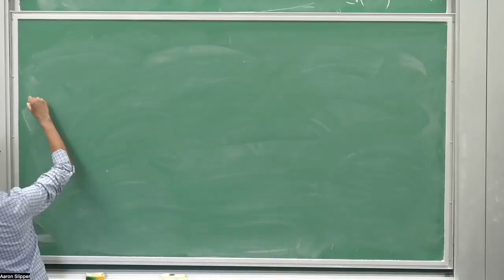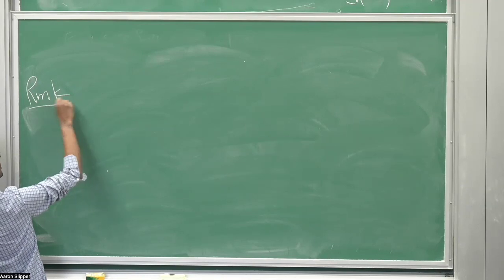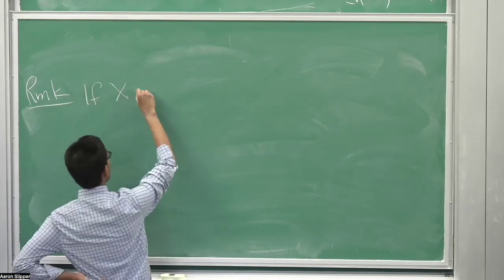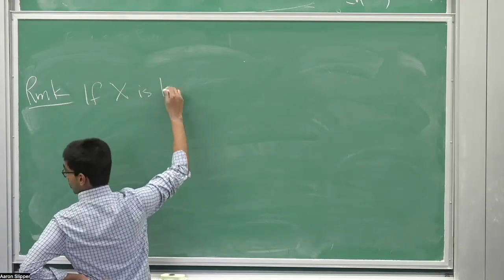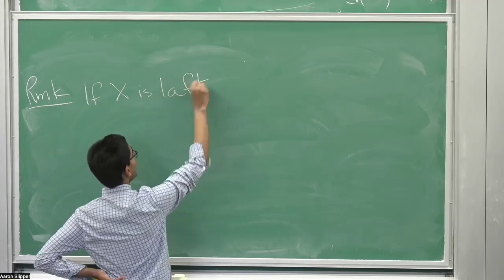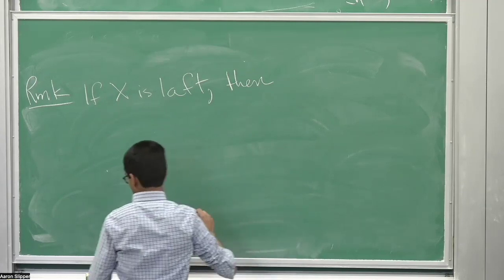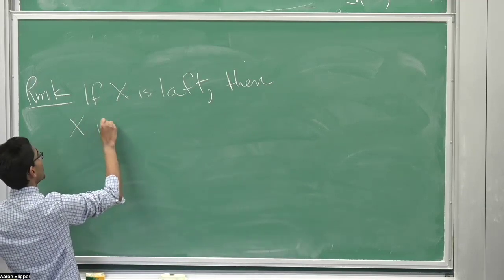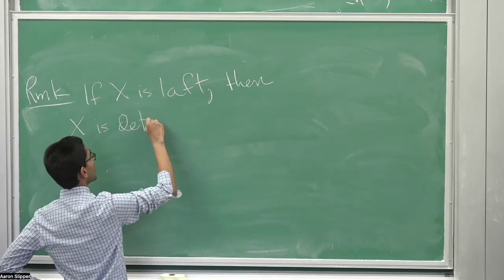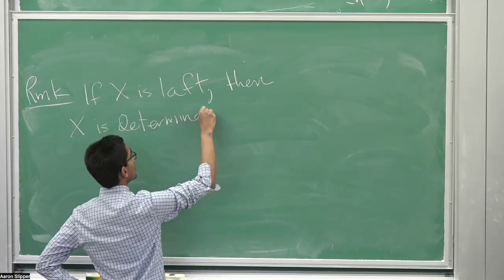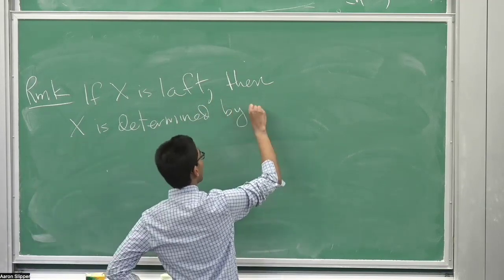The remark is that if X is locally almost of finite type, to use your prediction, LAFT, then X is determined by its restriction.